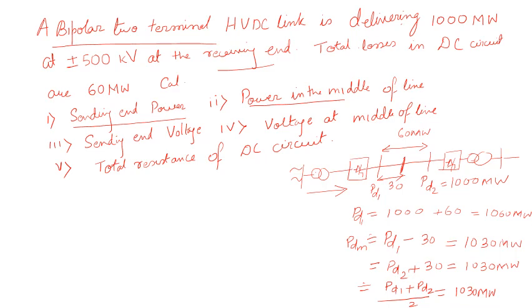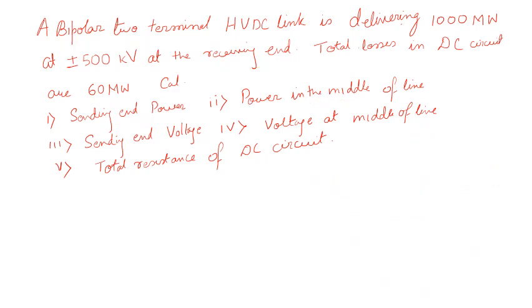I'll calculate it in the next part, that is your sending end voltage and voltage at the middle, and the third one, the total resistance. This will be calculated once I discuss the bipolar terminal and types of polarity. Then only I can discuss this. So bear with me for some more time, and you need to do one numerical by yourself. The next question I will give you.